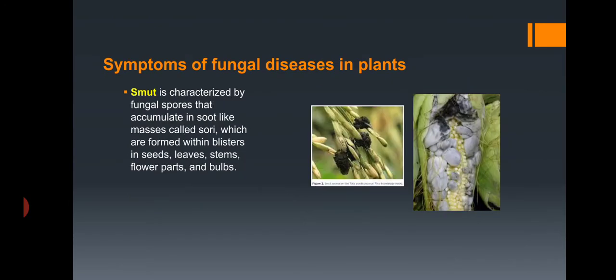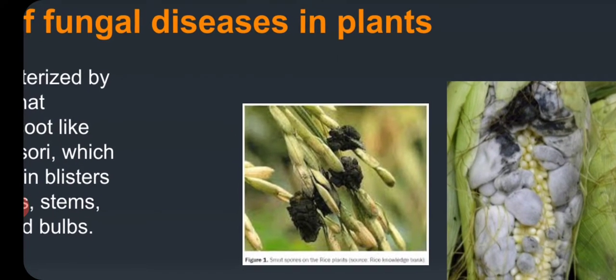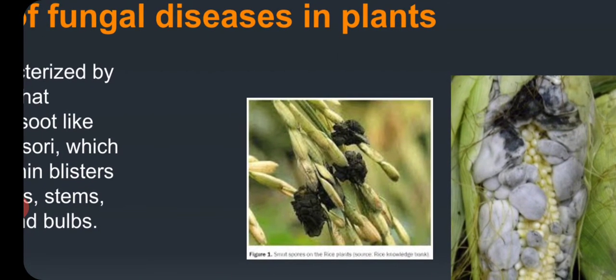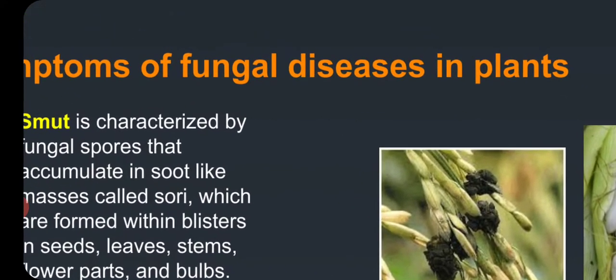The next symptom is smut. It is characterized by fungal spores that accumulate in soot-like masses or sori. Here we can see these sori when closely watching through a microscope.